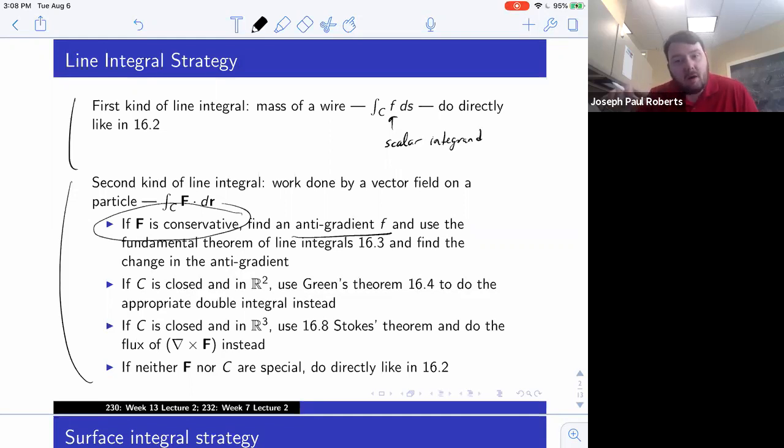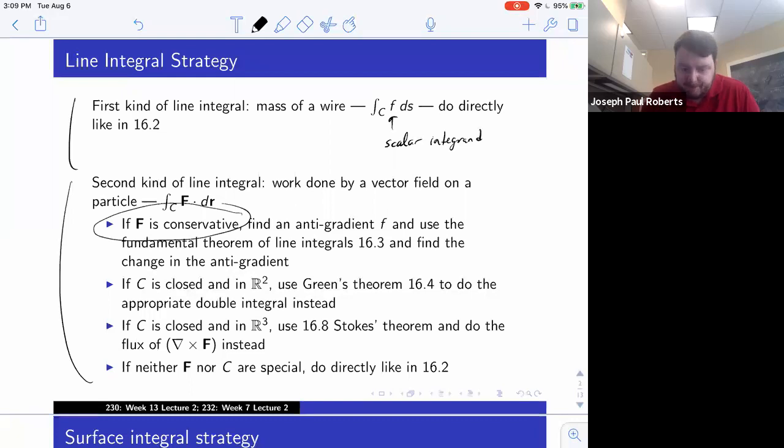And when they do, the work done can simply be calculated as the change in potential energy. Hopefully that's something that you learned or heard about in some kind of physics course. The idea that the work done is the change in potential energy, the math words we've used to describe that, is the fundamental theorem of line integrals.